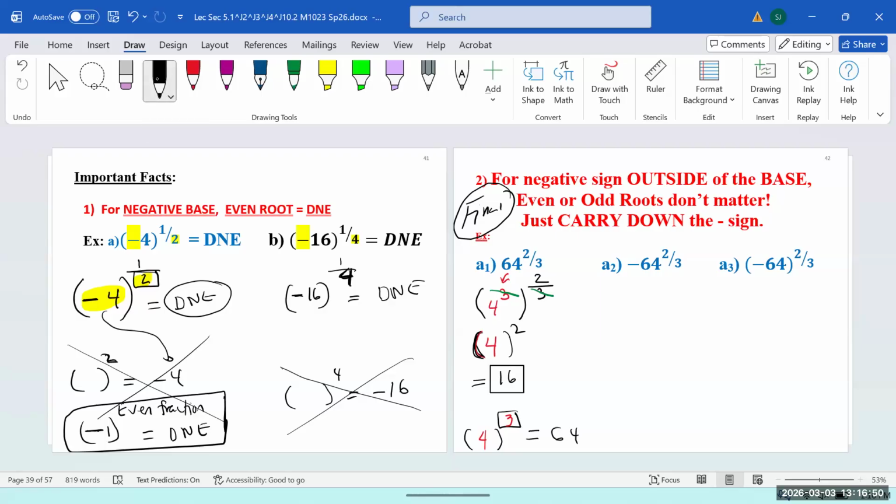If you could get to 4 cubed, do you lose points? Then how are you going to cancel the denominator? You want to see the power so you can cancel the denominator. That's why always rewrite the base using the denominator. 64 is also 8 squared.